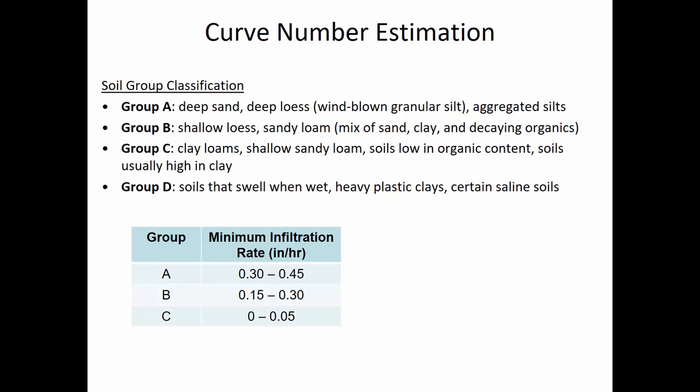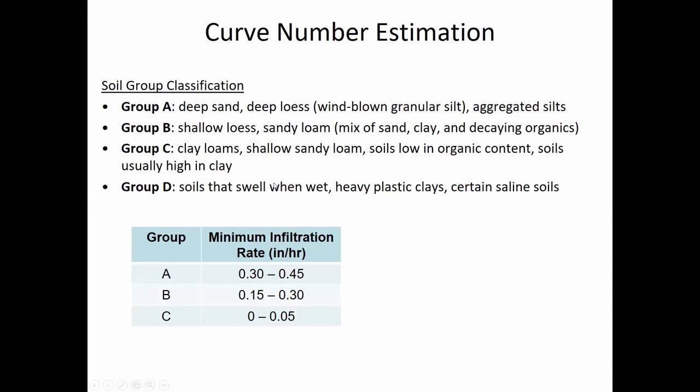On the other end of the spectrum from clays, D soils have essentially no infiltration rate because they are heavily plastic, really heavy clay or saline soils where the salt in the soil contributes to the water being bound.